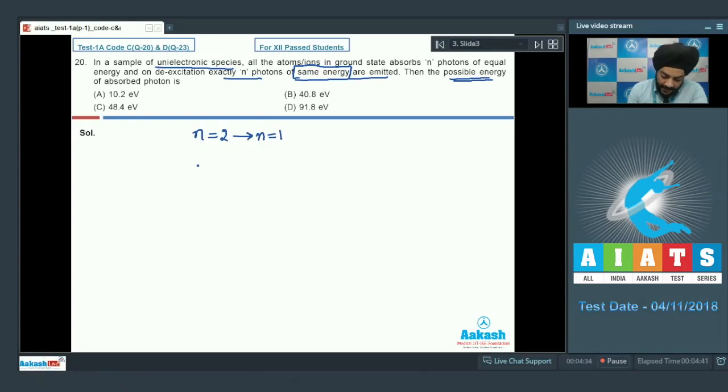So we know that delta E can be written as 13.6 into Z square into 1 by n1 square minus 1 by n2 square. So this simplifies to give us a value of 10.2 into Z square, if we put the value of n1 and n2 as 2 and 1.